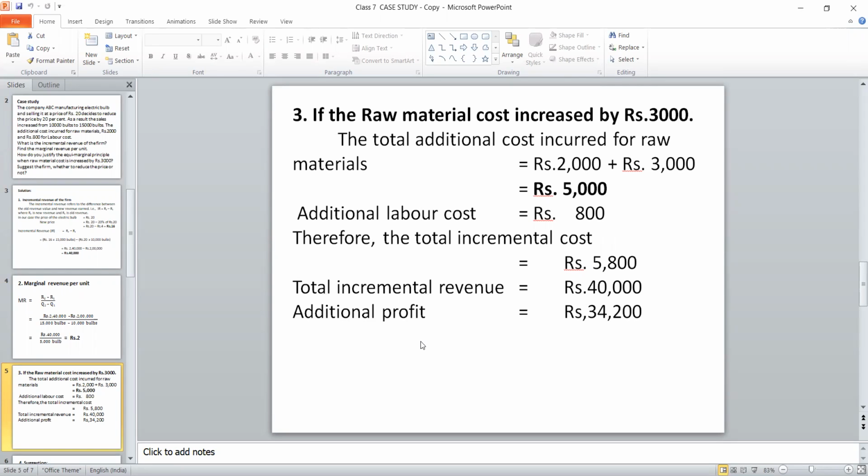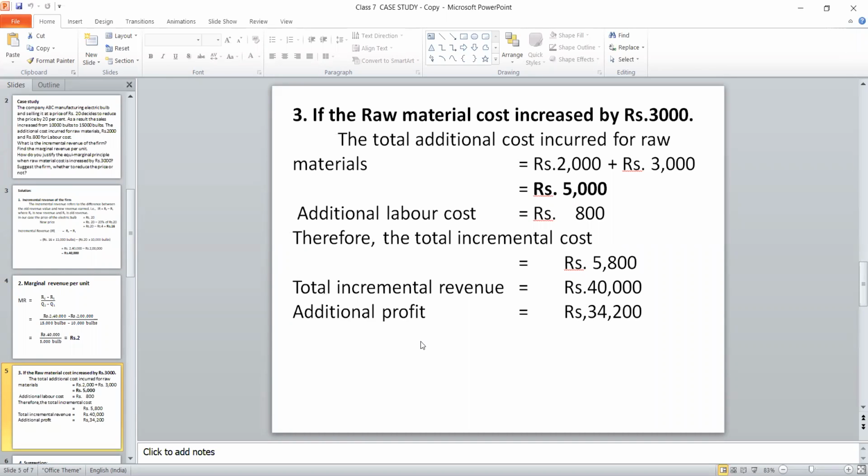Now we are moving to the third one. When there is an increase of 3,000 rupees, the total additional cost we should calculate. How much we spend for raw material? Initially it's only 2,000.